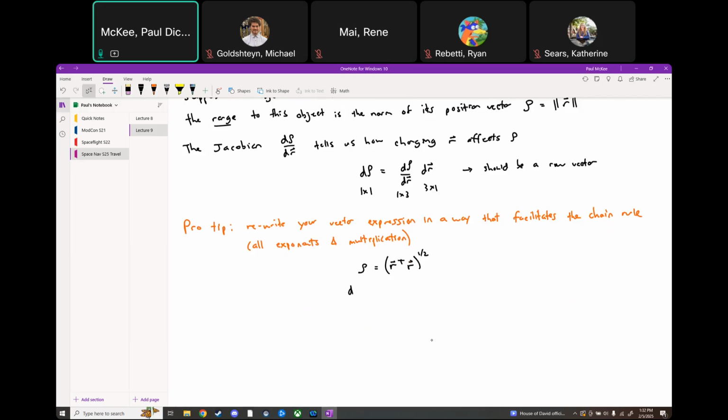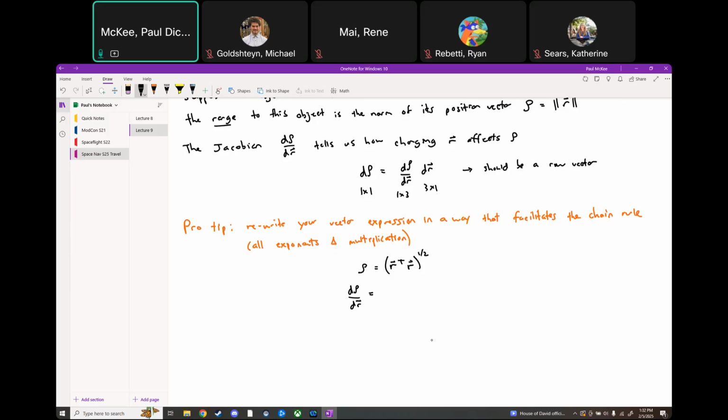So derivative of rho with respect to R, and pardon me, I caught myself making a mistake in my notes again here. There we go. Is what? Well, whenever we take the derivative of something in scalar land, we would move the exponent to the front, we leave the interior of the parentheses, and then we multiply that by the derivative of whatever's in the interior, right?